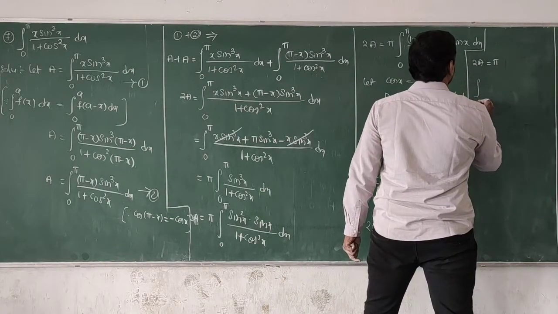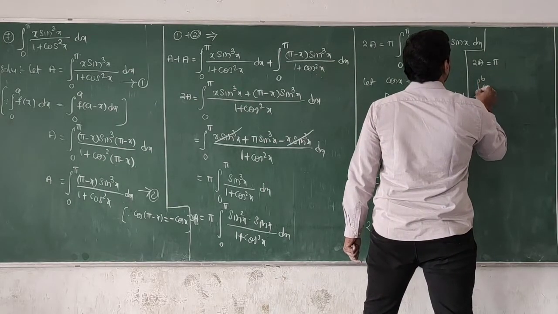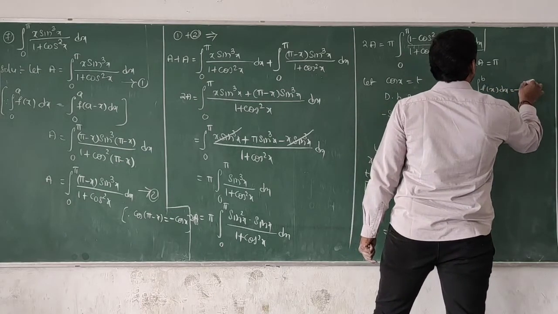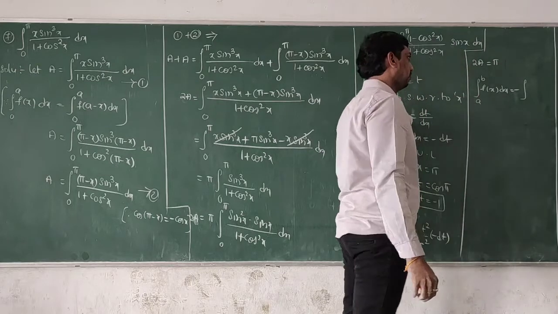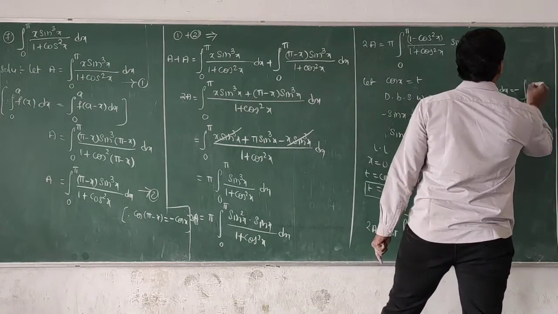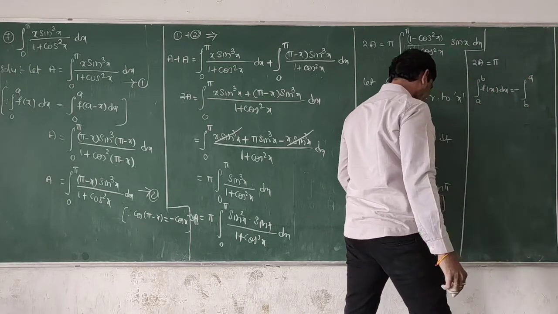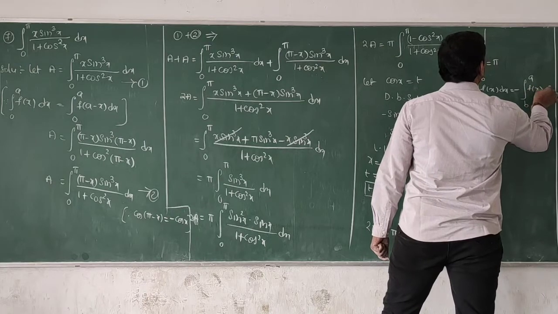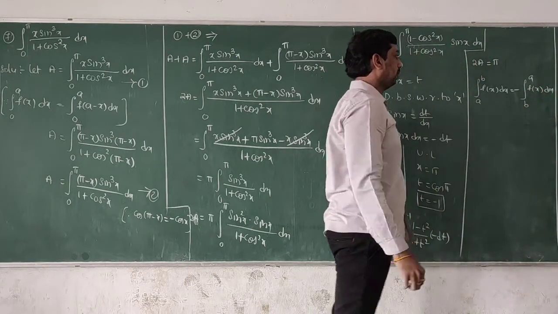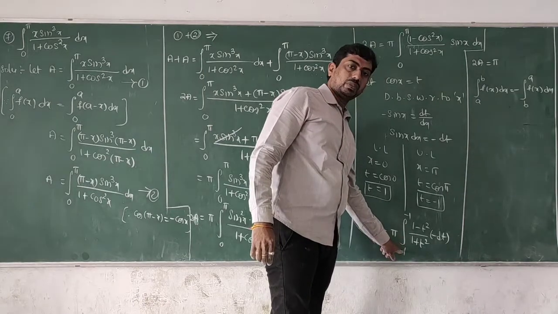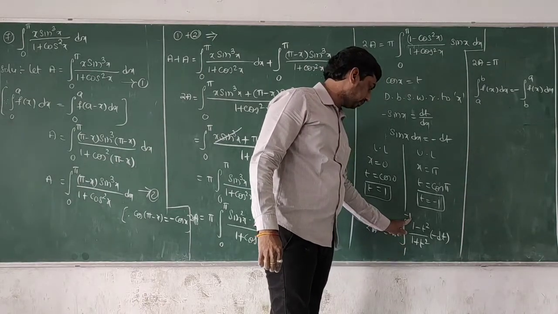Integration a to b f of x dx can be written as minus integration b to a f of x dx. So that's why here, minus 1 to 1.